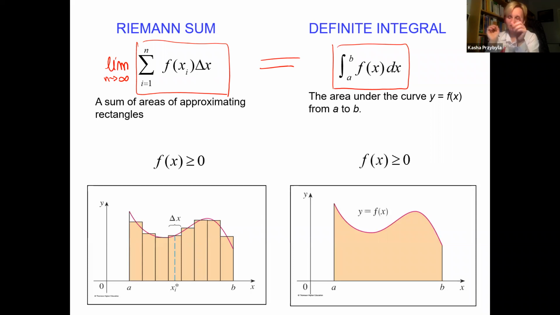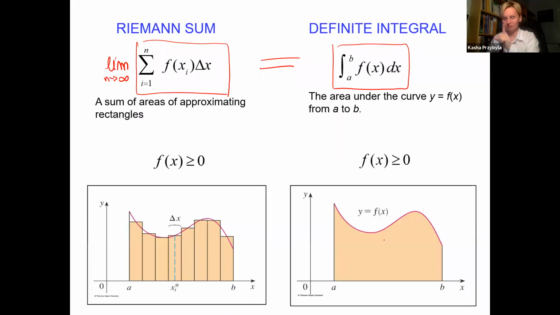If the number of rectangles is finite, it's still an approximation. But if it's infinity, it's perfect, because I can perfectly fit the curve and compute the areas. Maybe one more slide and we will start computing.